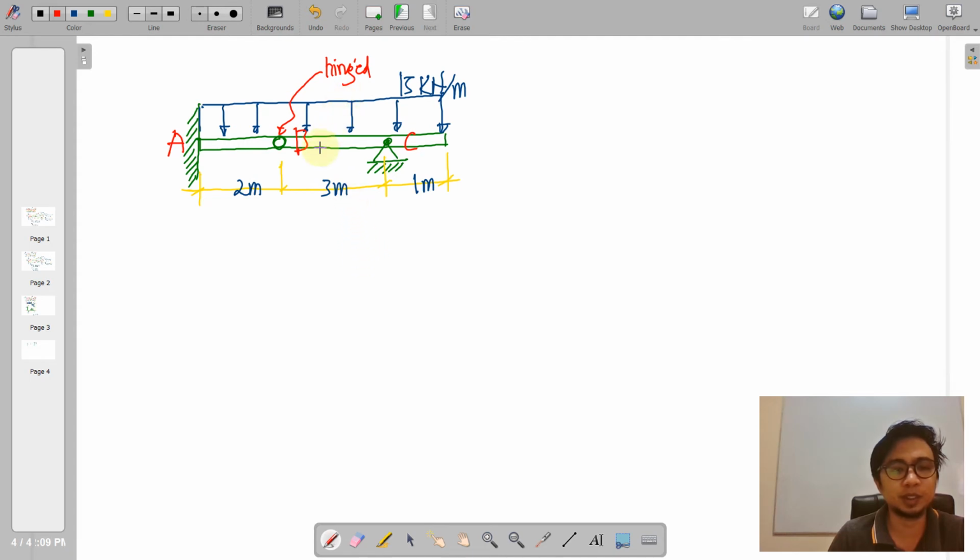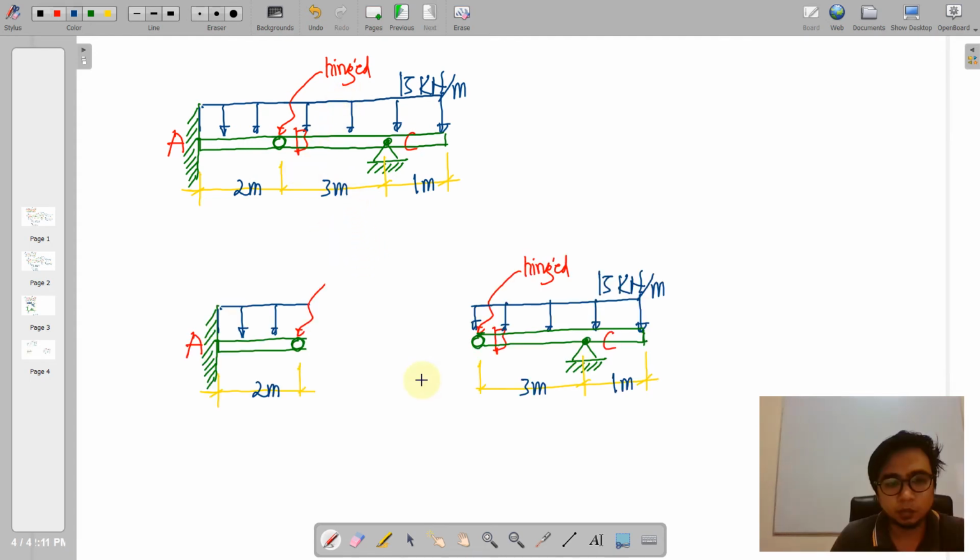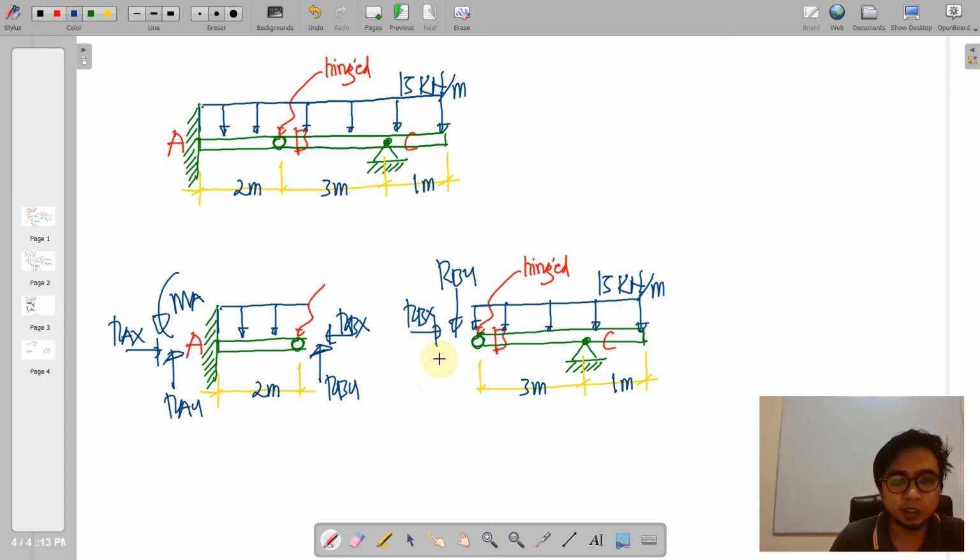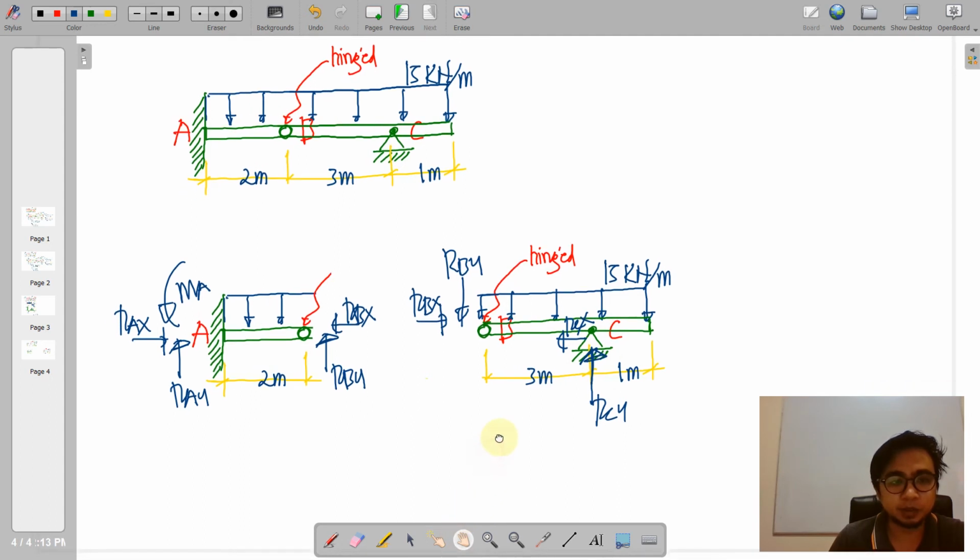So we usually detach that one. We detach the two, reflect the internal reaction here, the internal reaction there, the internal reaction on the right portion. But note that this is oppositely directed, and then the two reactions at this pin connection. So this completes our reaction.